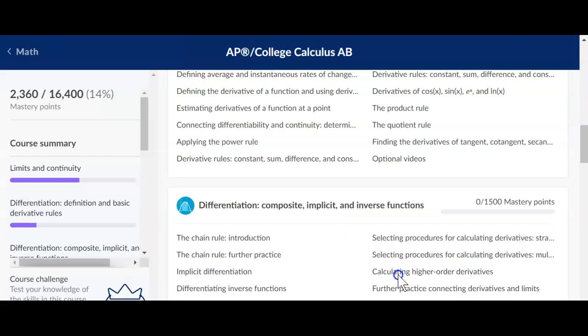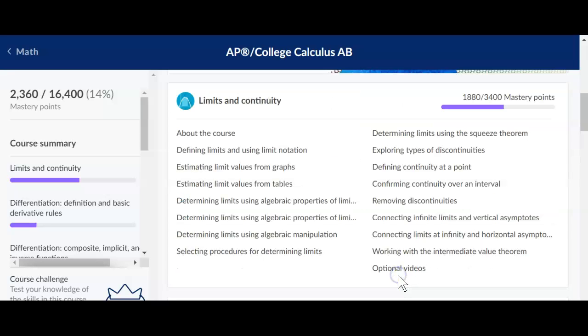And what do you notice about the first unit on Khan Academy? It is limits and continuity. Oh my goodness, it completely aligns with the course at a glance that AP provides us. There is a reason why we are going to follow that, and it's because Khan Academy follows this order as well. And you'll see that one of the first practices in this unit in Khan Academy is estimating limit values from graphs.